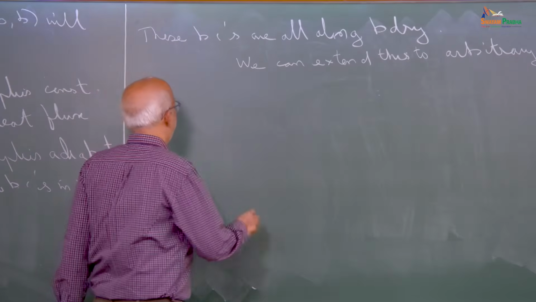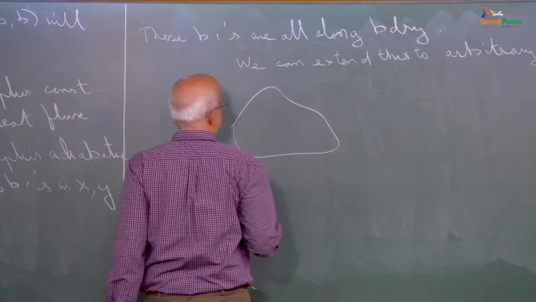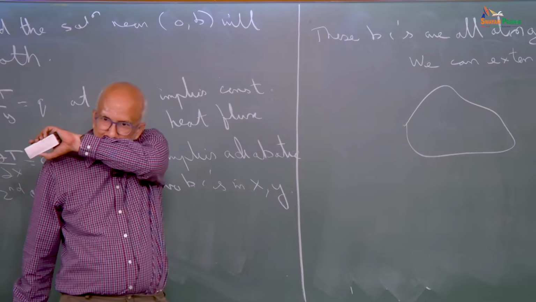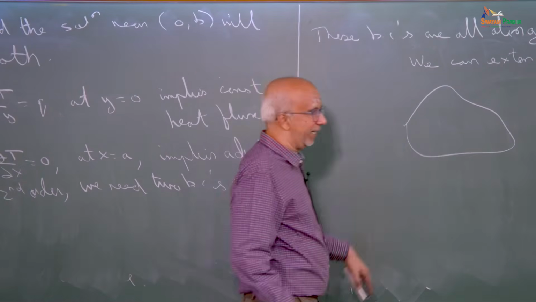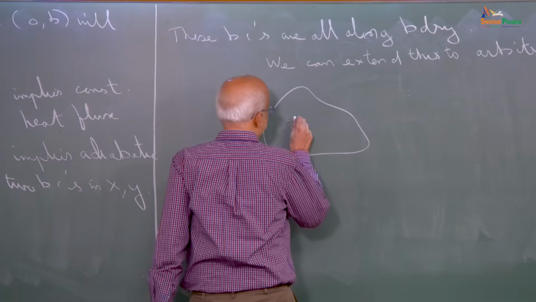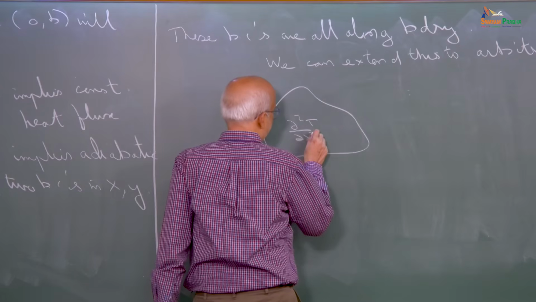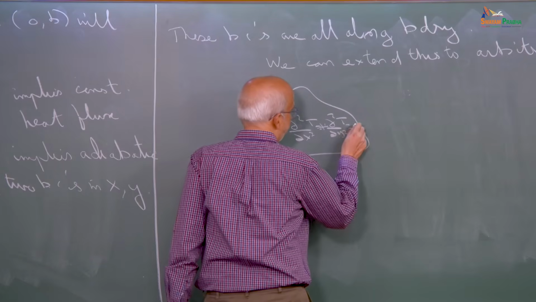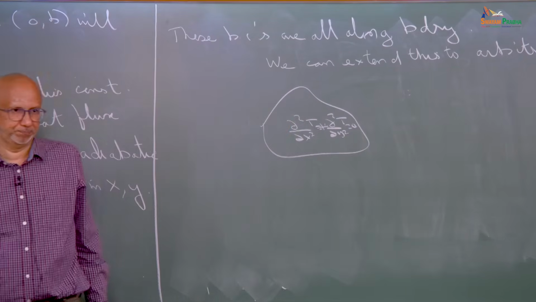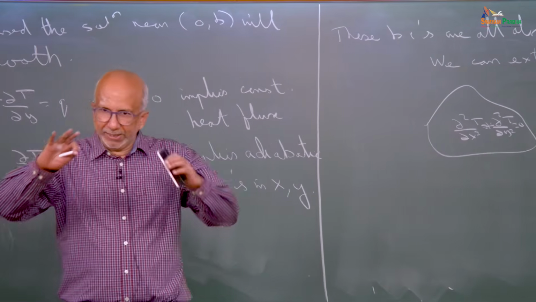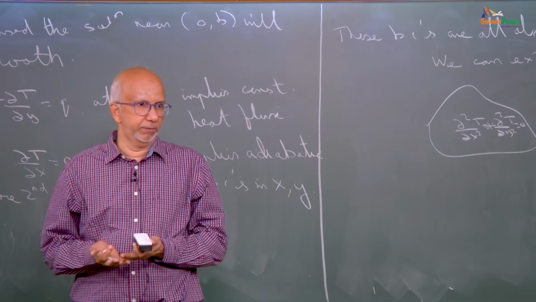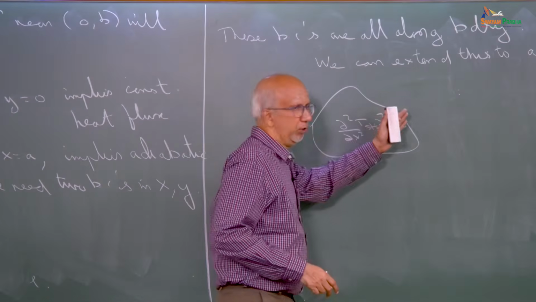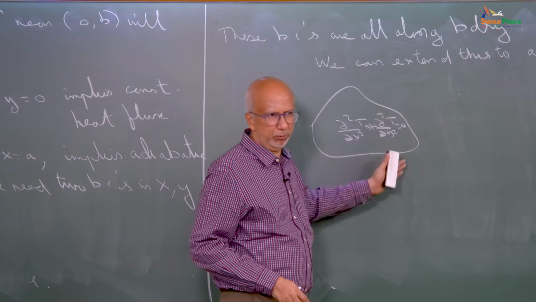So, let me draw an arbitrary shape here, that is as arbitrary as I can get. And inside here again we will keep it 2 dimensional. I will say d square t by dx square plus d square t by dy square equal to 0. That is valid inside, but I need to specify conditions everywhere on the boundary. It could be f of x, it could be flux, it could be the derivative, it could be something.